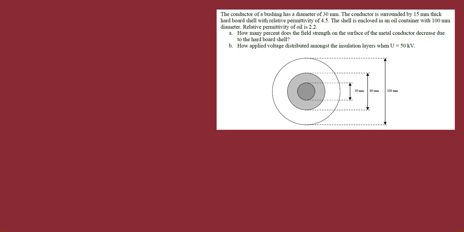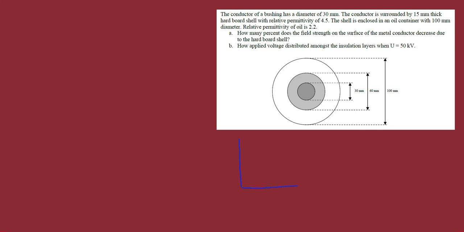The video link is given in the description. Before I start, I want to remind you that in cylindrical insulation, our electric field is inversely proportional to the radial distance from the surface of the conductor.